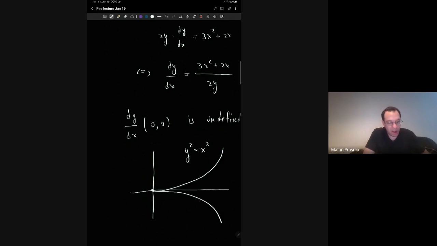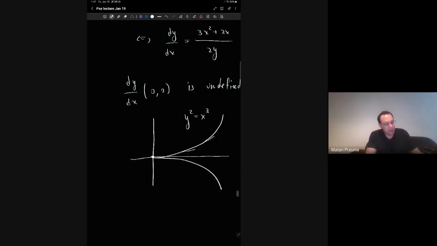Here, you may at first glance think that there will be a tangent line simply as the x-axis, because if I take a limit of tangent lines coming from here, or from the other side, I get the x-axis.